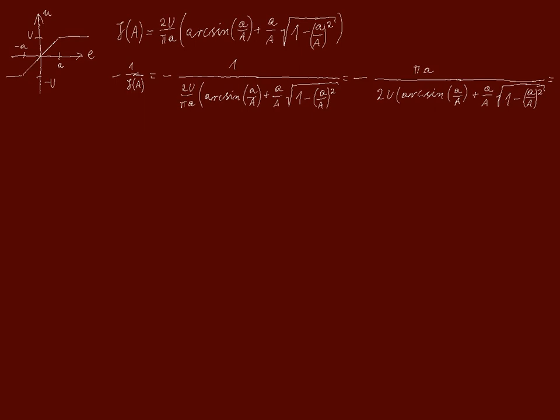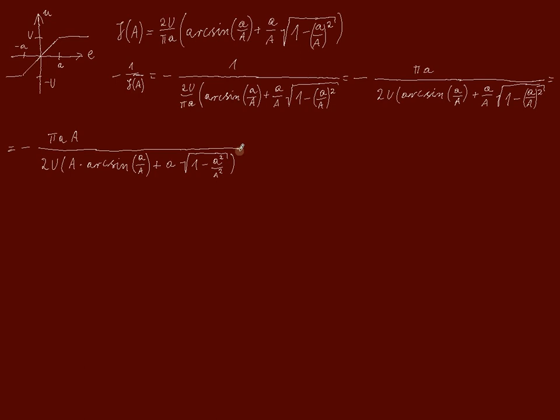Let's multiply numerator and denominator times large A. This fraction in arc sign has to stay.